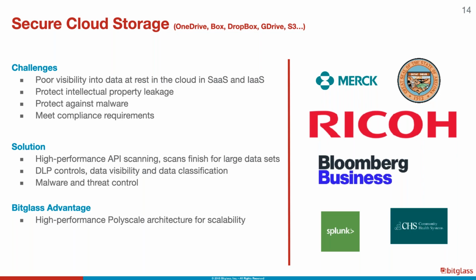And whether you are using a reverse proxy, forward proxy, or API, we have a set of DLP features, which can consist of blocking, encrypting, DRMing, denying, and of course allowing. DRM is digital rights management.